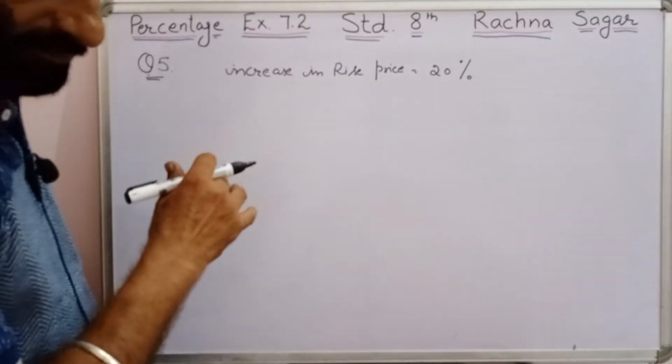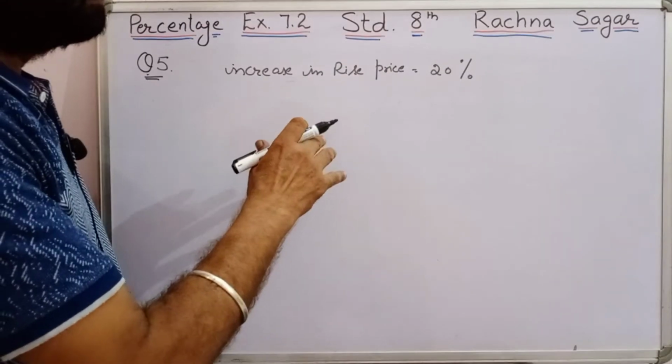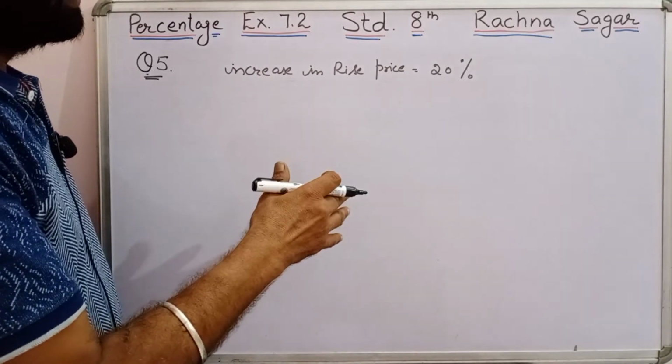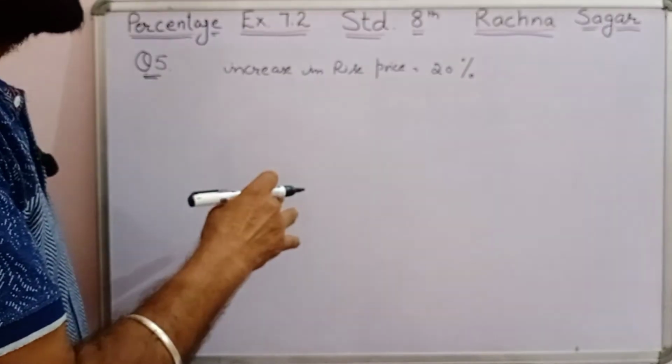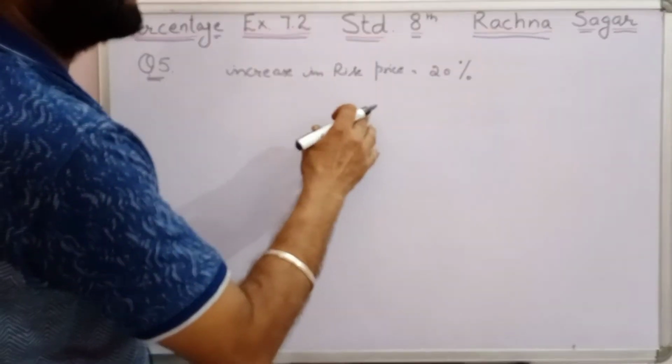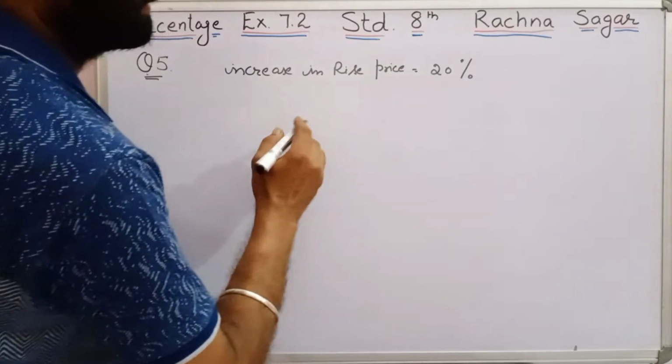Question number 5. By what percent must a person reduce his consumption so that the expenditure remains same if there is an increase in the price of rice of 20%.